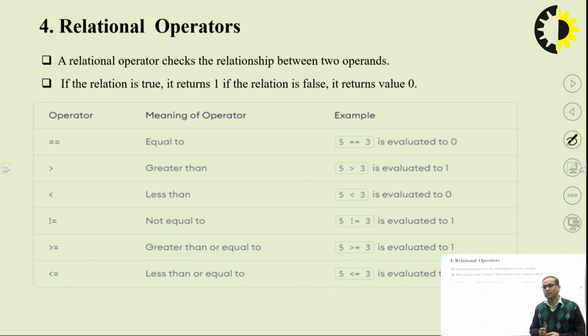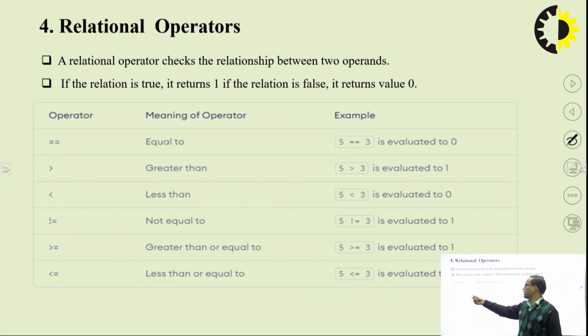To check such a relationship between two variables or two numbers, we use the relational operator. If the condition is true, then it will return 1. It means if the matching is satisfied, then it will return 1, and if the matching is not satisfied, then it will return false, and the value corresponding to false is 0 and the value corresponding to true is 1.